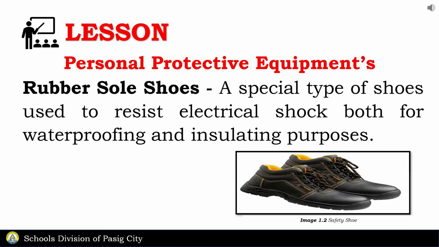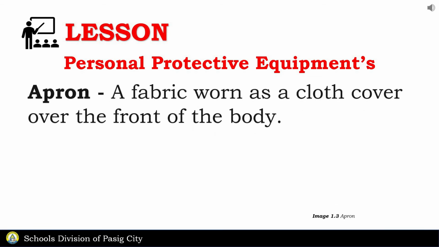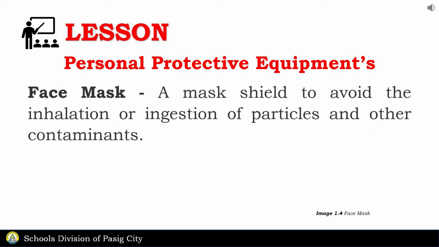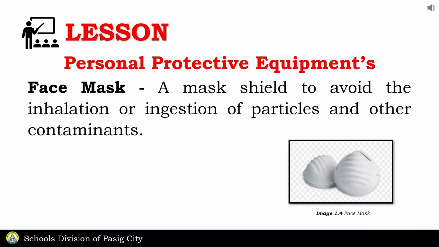A special type of shoes used to resist electrical shock, both for waterproofing and insulating purposes. Apron. A fabric worn as a cloth cover over the front of the body. Face mask. A mask shield to avoid the inhalation or ingestion of particles and other contaminants.